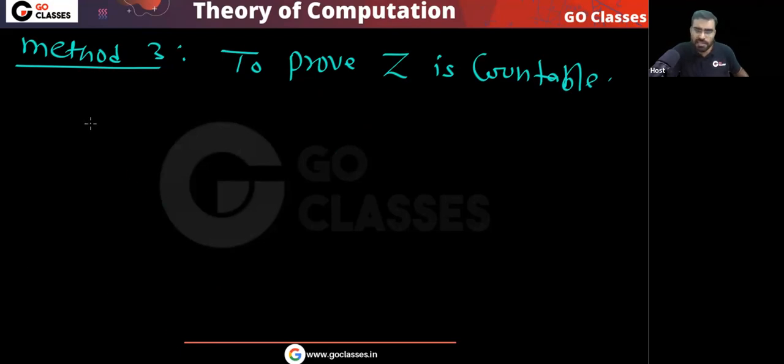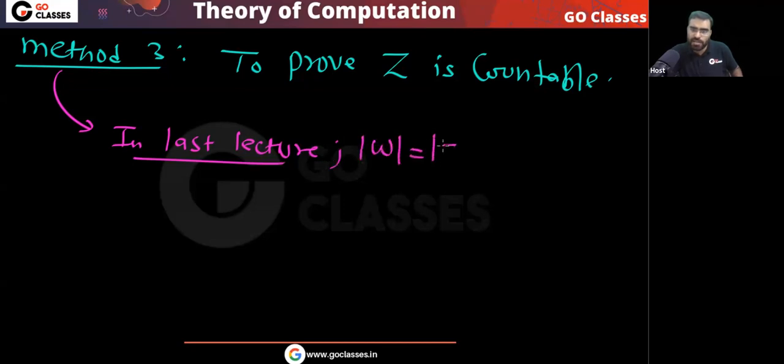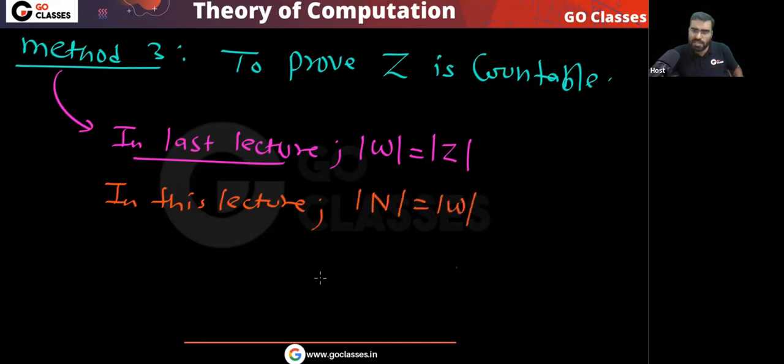Do you remember, in the last class, we proved that there is a one-to-one correspondence between whole numbers and integers? In the last lecture, we saw that the set of whole numbers and the set of integers have the same cardinality. And in this lecture, we have shown that integers and natural numbers have the same size.